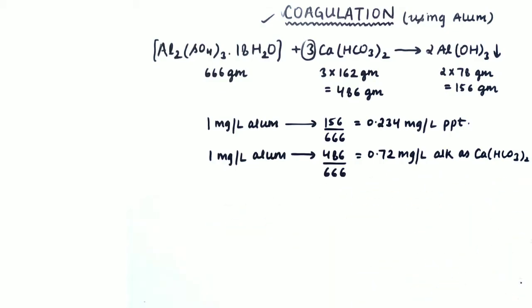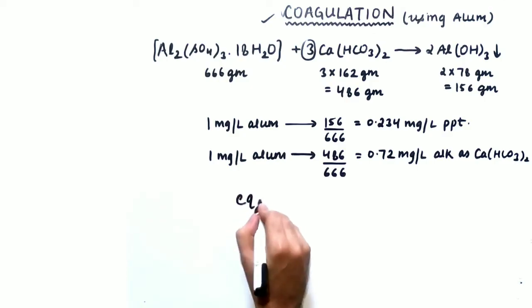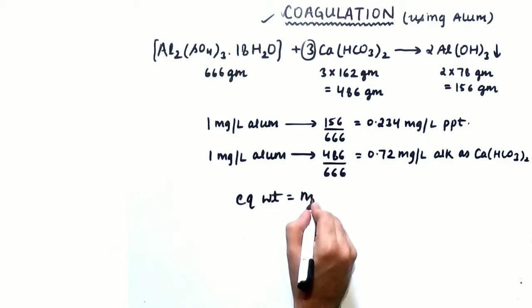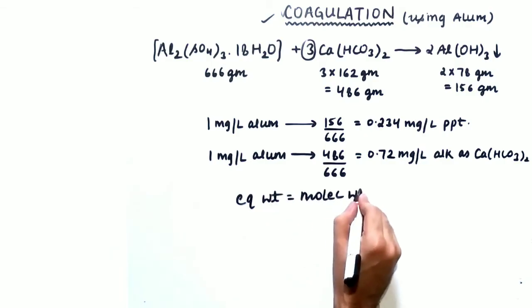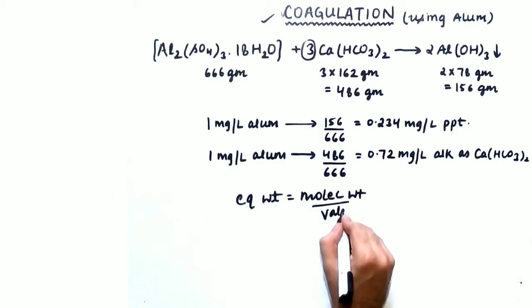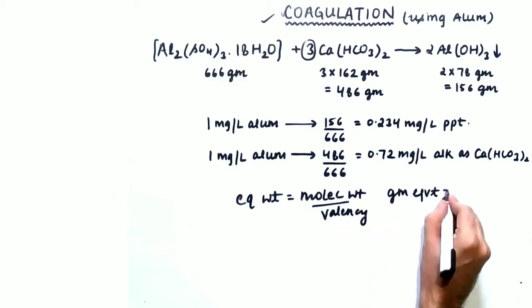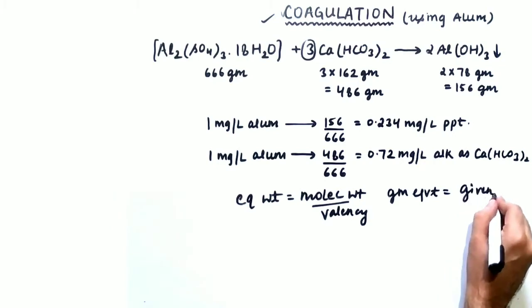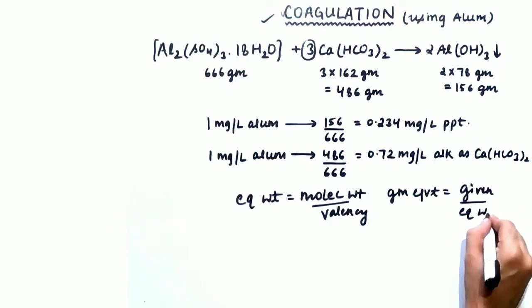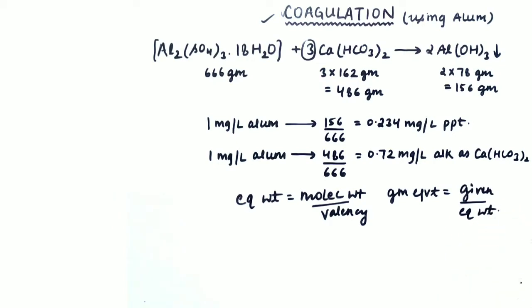For that, you should know the formulas for equivalent weight and gram equivalent. I hope you all are aware of that. Equivalent weight can be calculated by molar mass or molecular weight divided by valency. Similarly, gram equivalent can be calculated by given weight divided by the equivalent weight, or the given mass divided by the equivalent mass.